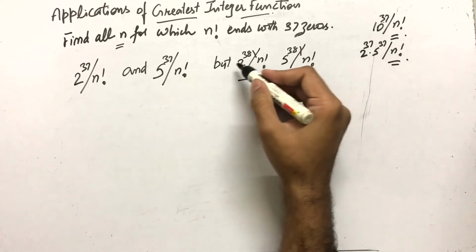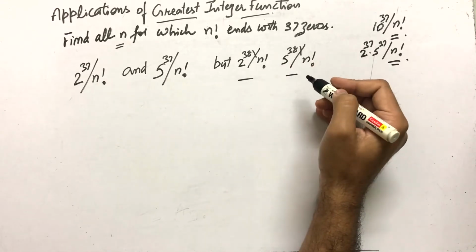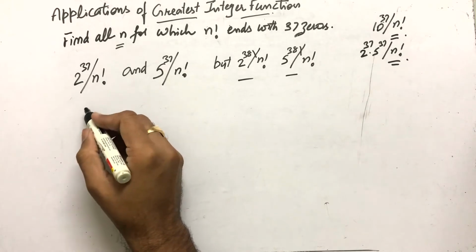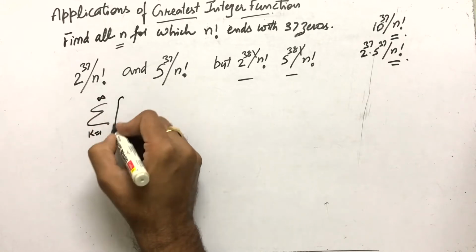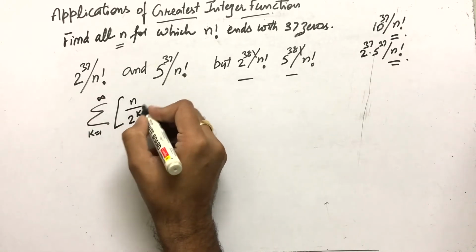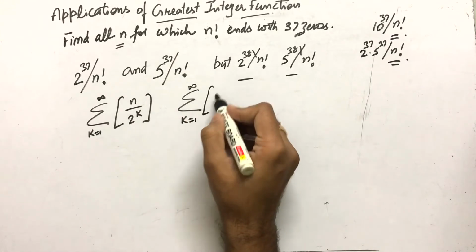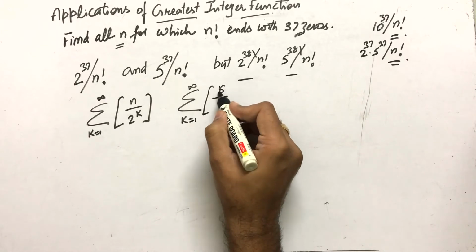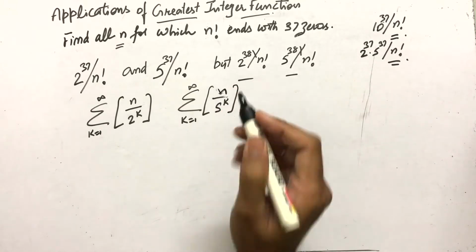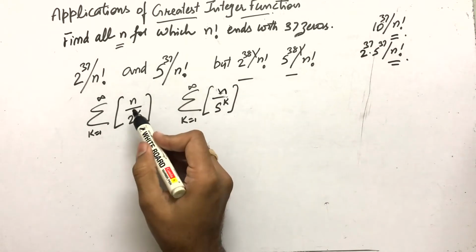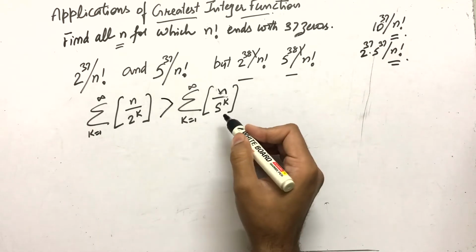To avoid that condition, we have taken that the 38th power will not divide n factorial. But as from the definition, summation k from 1 to infinity of n upon 2 power k and summation k from 1 to infinity of n upon 5 power k, very easily we can check that the number of terms here will be strictly greater than the number of terms here.